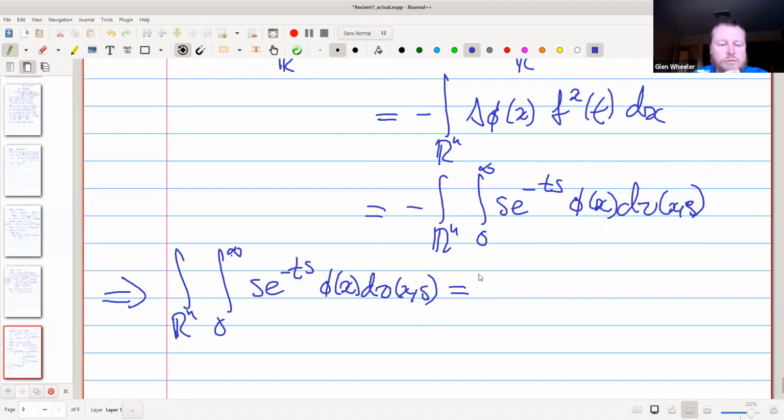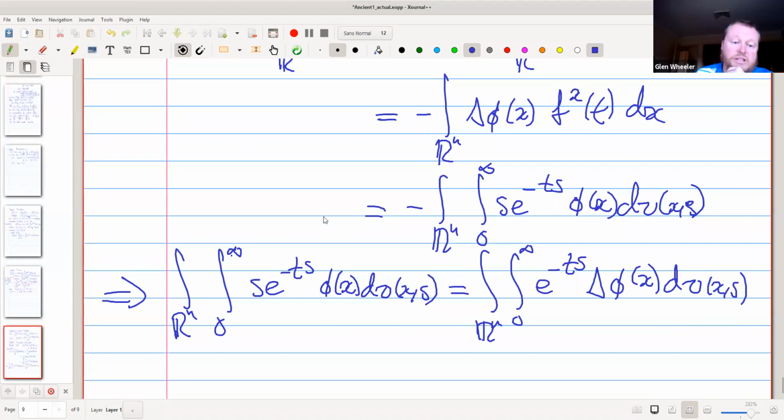So this is equal to the integral over Rn, and this is the integral from 0 to infinity, and we've got e^(-ts), and then this is Laplace phi x dν.